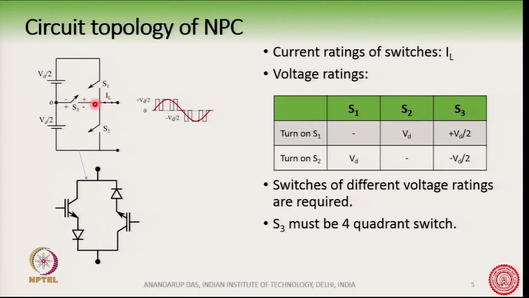So, therefore, if I now want to know the voltage rating of S1, then suppose I turn on S2, then this point's potential will come here, and so S1 has to block the full DC bus voltage, and hence the voltage rating of S1 should be equal to Vd, right.